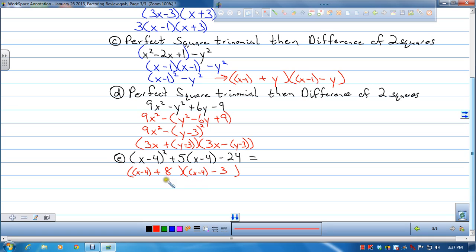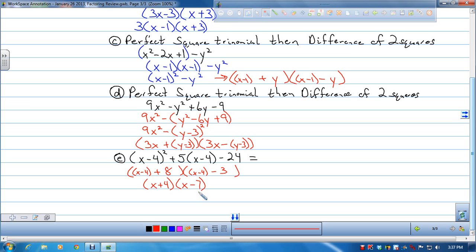Okay, right there. Now I will simplify. I've got x minus 4 plus 8, which is x plus 4. And I've got x minus 4 minus 3, which would be x minus 7. Okay, so you could kind of see it that way as just a simple factoring problem.